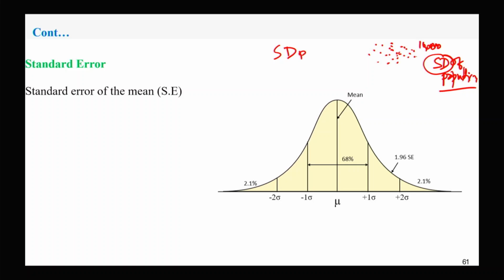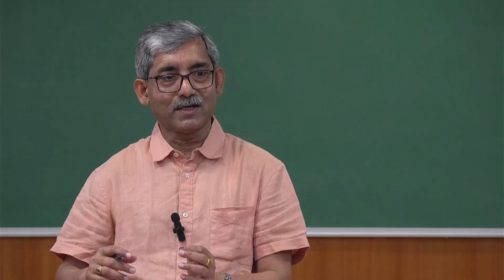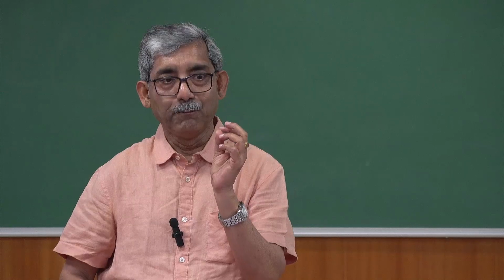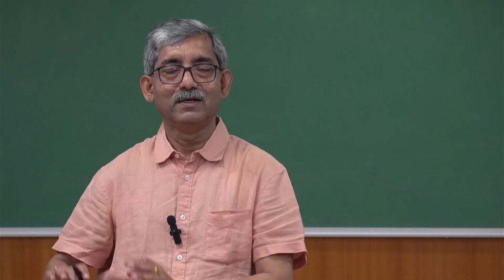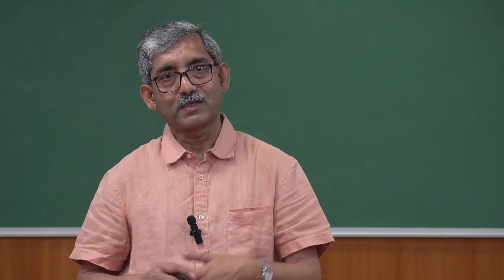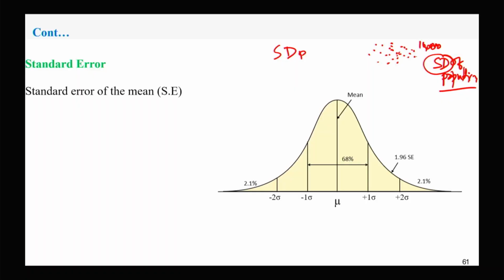And what is standard error? It's the standard deviation of the mean values, the individual mean values in the sampling distribution. The number of data points in each sample is, say, n. In the earlier example it was 20. So which will be higher, standard deviation or standard error?